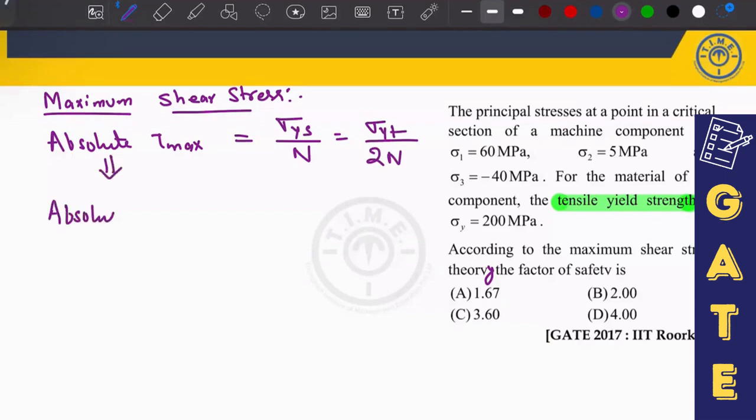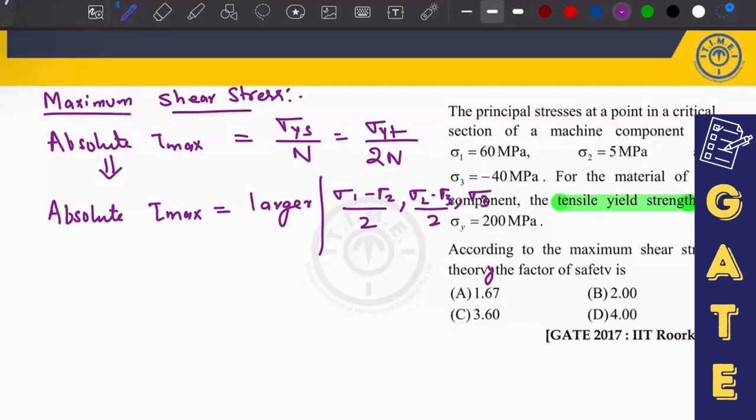You already know the absolute tau max is the maximum value of (sigma 1 minus sigma 2) by 2, (sigma 2 minus sigma 3) by 2, and (sigma 3 minus sigma 1) by 2. All these values they have given. If you put sigma 1 minus sigma 2, which is 60 minus 5, which is 55, divided by 2, and similarly for the other values, then you will get the largest value, which is 50 megapascal. This is the maximum value you got.